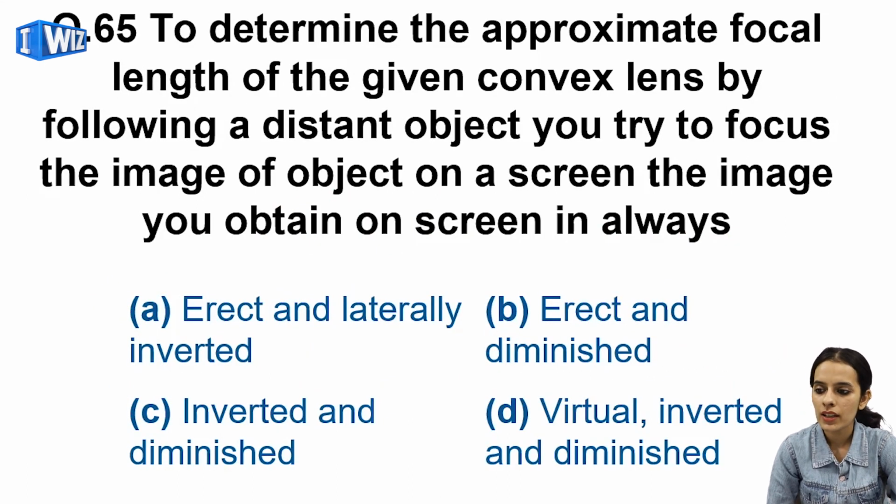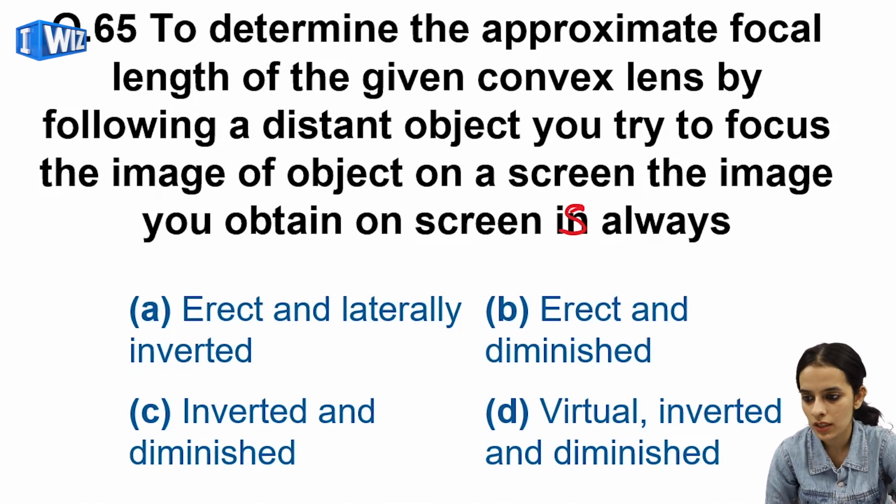Next, to determine the approximate focal length of the given convex lens by focusing a distant object, you try to focus the image of an object on a screen. The image you obtain on screen is always: erect and laterally inverted, erect and diminished, inverted and diminished, virtual, inverted and diminished.